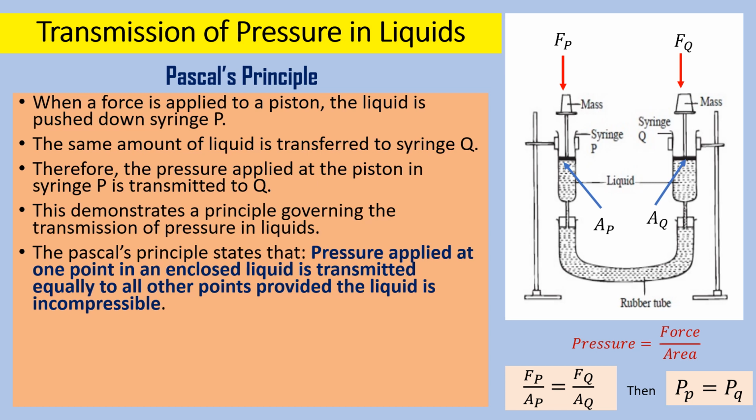So it says that pressure applied at one point or one part of an enclosed liquid is transmitted equally to all other points or parts of the liquid, provided that the liquid is incompressible. So we are stressing again that the liquid should be treated as incompressible, even if we have some miniature compressibilities, or some small variations in volume. That may be ignored, or rather, we can assume it.